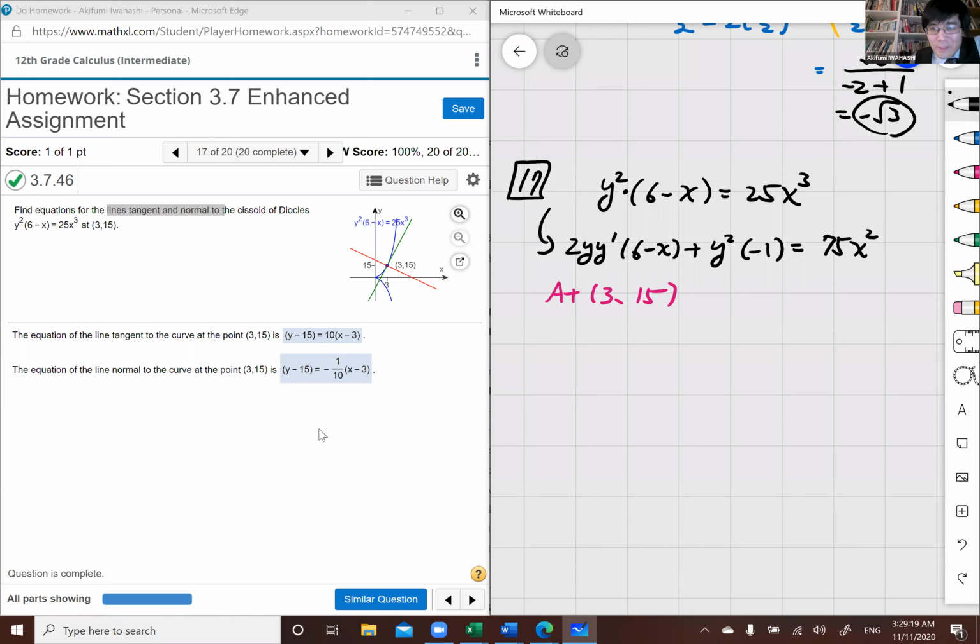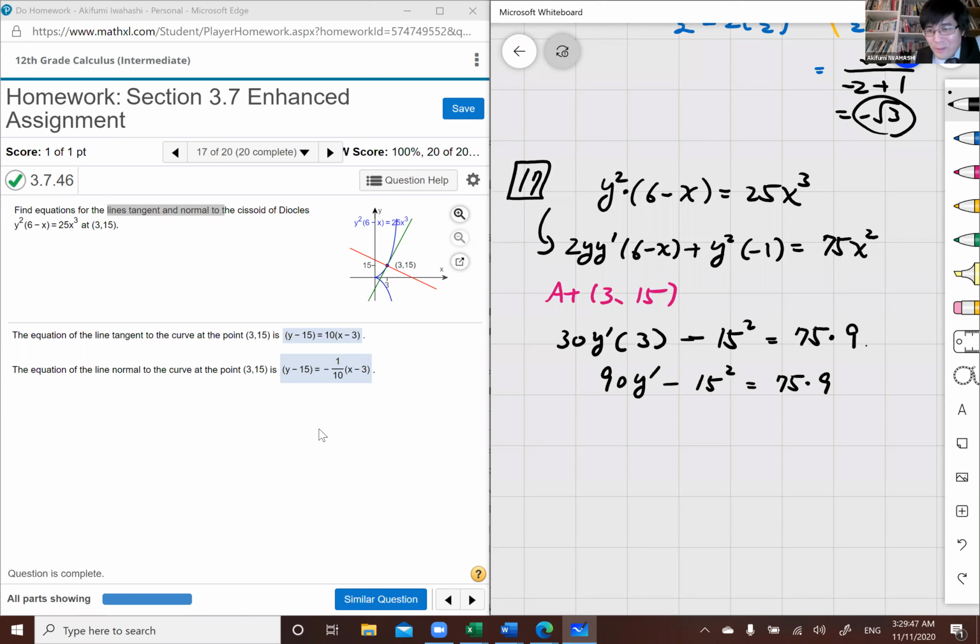So y is 15, so it's going to be 30 times y dash times (6 minus 3), which is 3, plus minus y squared. y squared is 15 squared. So it's going to be minus 15 squared is equal to 75 times 3 squared. Okay, so this is 90 y dash minus 15 squared is equal to 75 times 9.